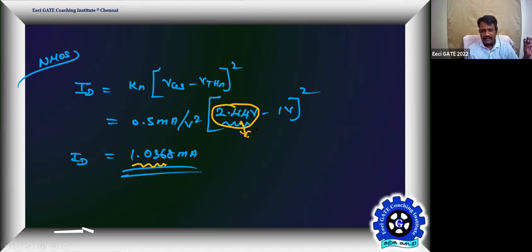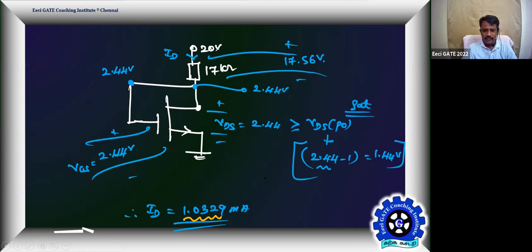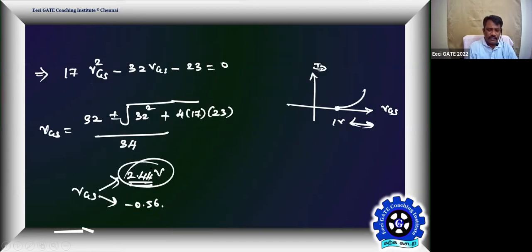Tell me what your VGS is accurately. Make your VGS 4 digits instead of truncating it to 2.44.